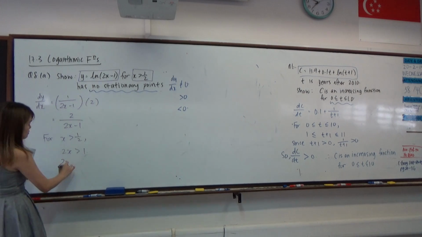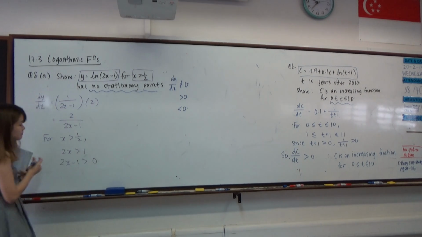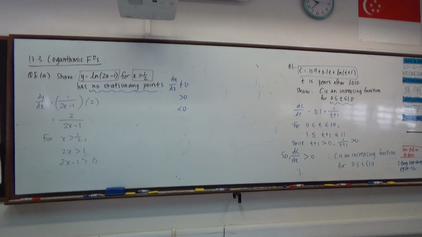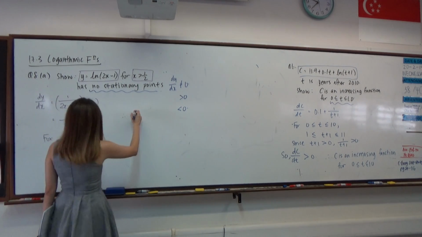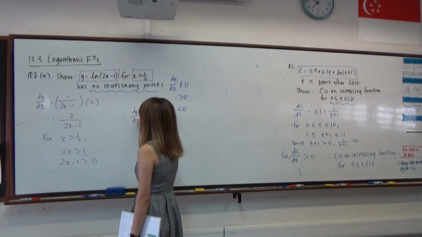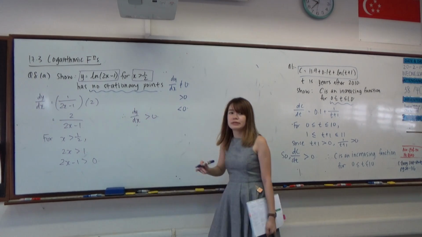And then after that, minus 1 on both sides. I see that 2x minus 1 is going to be more than 0. So if 2x minus 1 is more than 0, and 2 divided by a number that is more than 0, regardless of what, dy over dx will have to be more than 0.